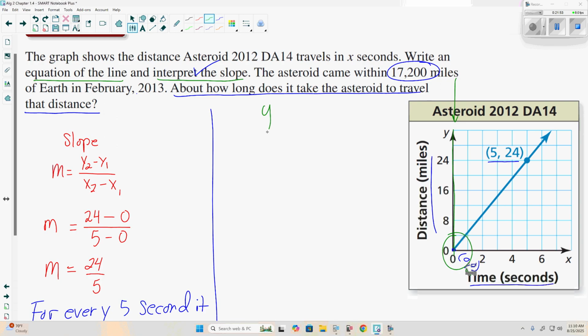So we could use y equals mx plus b, because m is our slope. And we found the slope to be what? 24 over 5. So we can plug that in. y equals 24 over 5 x plus our y value of the y-intercept, which is what? 0.